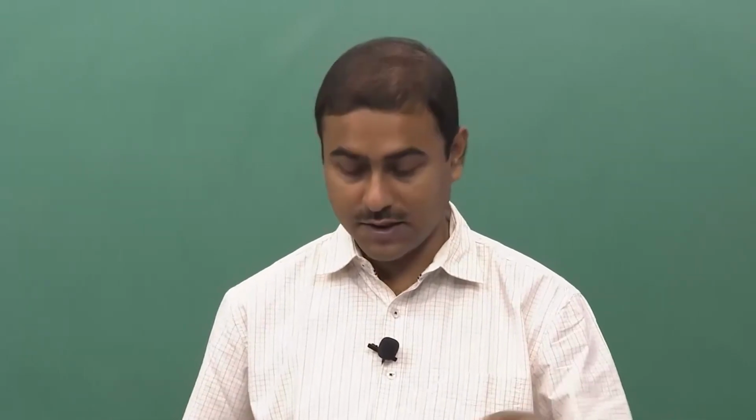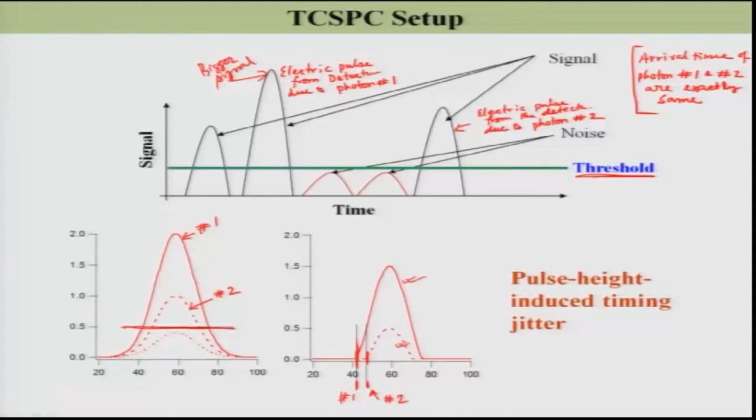Although these two photons arrived at the same time at the photocathode, the signal arrival times at the stopwatch are different. This is known as, I have written here, pulse height induced timing jitter.